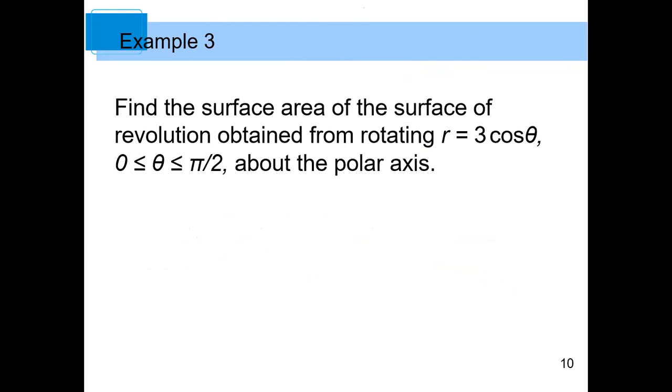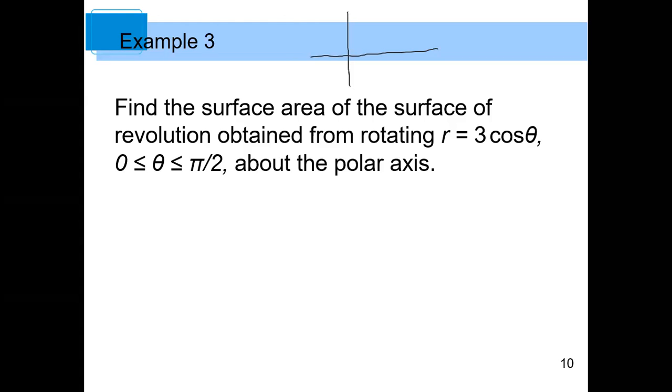Well, first of all, what does this graph look like? I'm only going from 0 to pi over 2. Let's think about it. When theta is 0, how big is the radius? 3 times cosine of 0, yes?